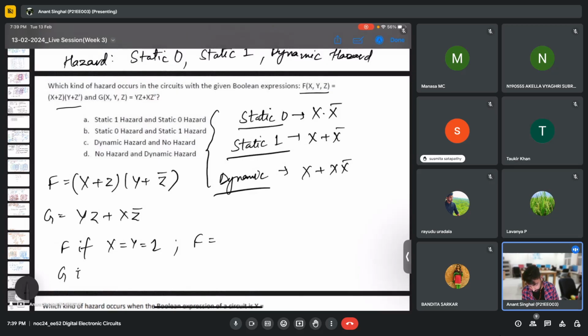And similarly, g, if x equals y equals 1. Can anyone tell quickly?